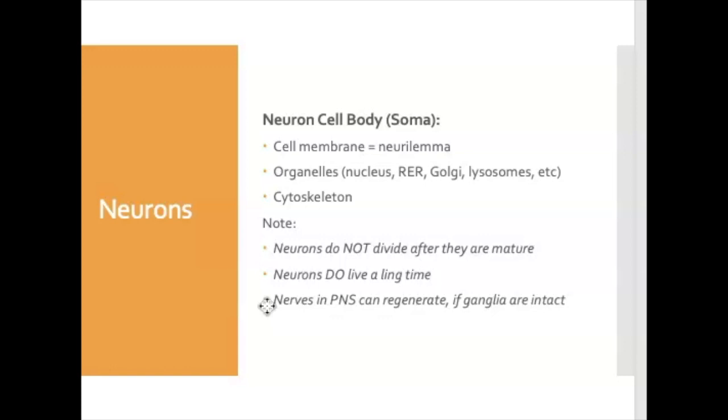Instead, the injured neurons are replacing their axon, the axon that was damaged or destroyed. Now, I said that this only happens under certain circumstances. And the important circumstance is this: the ganglia have to be intact in order for nerves to regenerate. So the cell bodies of the individual neurons have to be intact in order for the axons to be replaced. We'll talk more about nerve regeneration later.